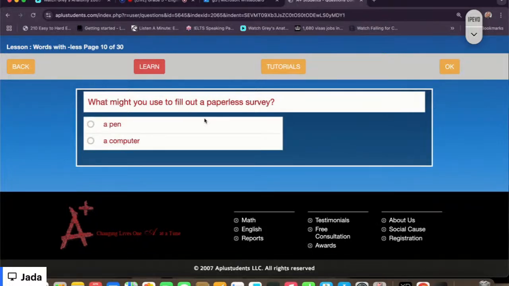What might you use to fill out a paperless survey? A pen or a computer?